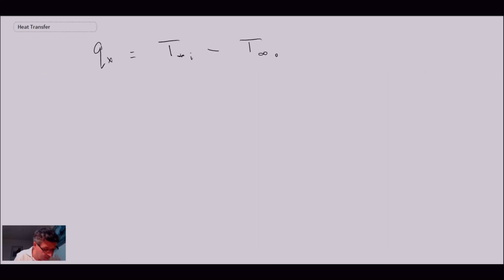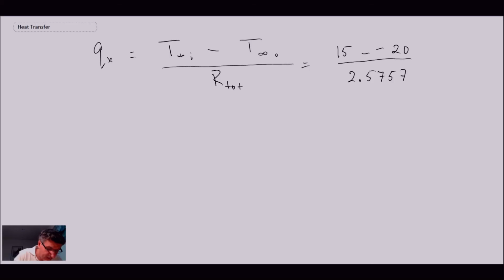And when you do that, we'll divide by the total of the thermal resistances for all of the individual components. And if we recall, the inner temperature was 15 degrees C, the outer temperature was minus 20, and then that's going to be divided by the sum of all of the resistances, which was 2.5757. And with that, we get Qx is equal to 13.59 watts per meter squared.